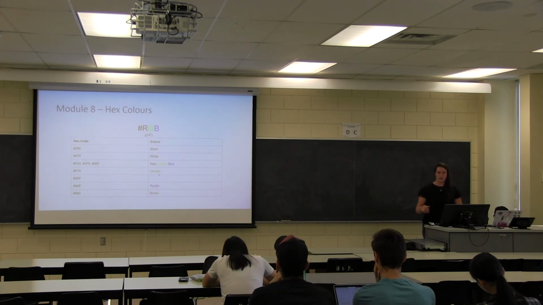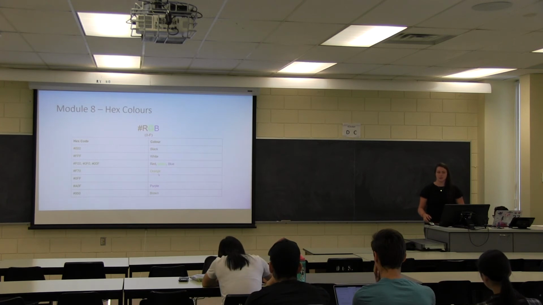You should know the basics of that, and the basic color codes being that 000 represents black, and FFF represents a full intensity of red, green, and blue, which would output the color white.